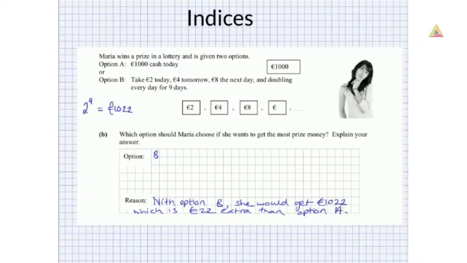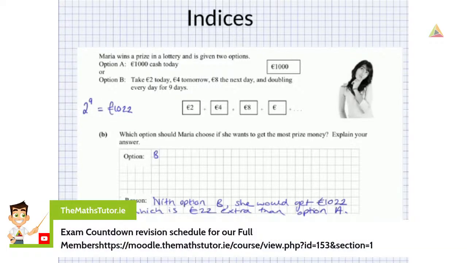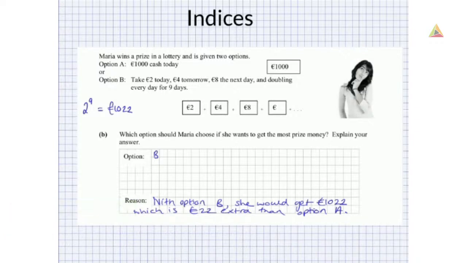So explain why you're saying that B would be the better option. And I've shown there that 2 to the power of 9 would give you 1,022. So that shows that B would be the better option there.